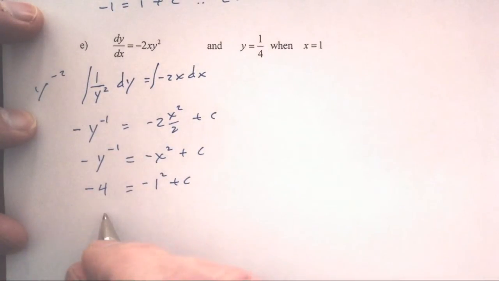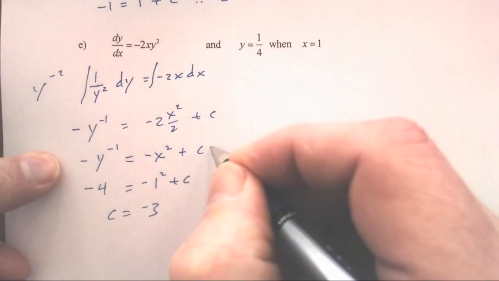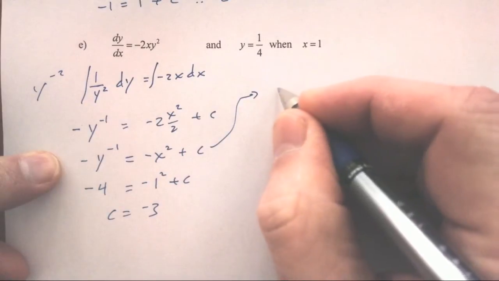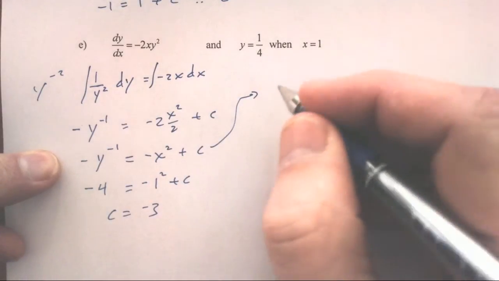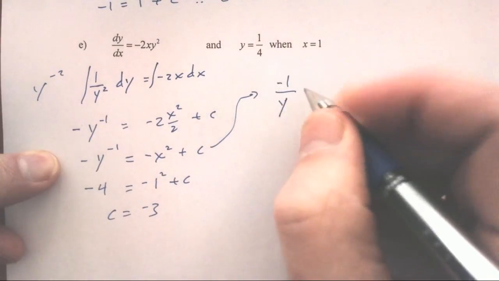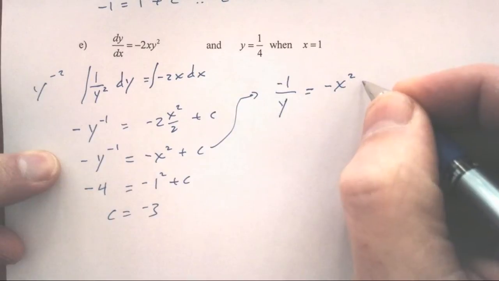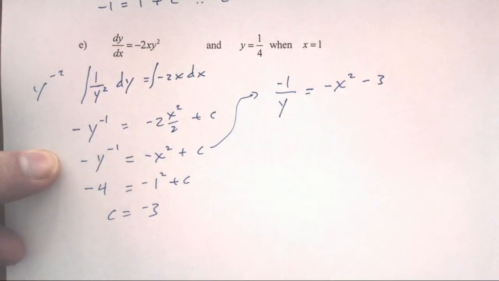So I add 1 to both sides. I get c is negative 3. So I'm back up to here, and now how do I want to do this? Let's go ahead and just make this negative 1 on y equals negative x squared minus 3.